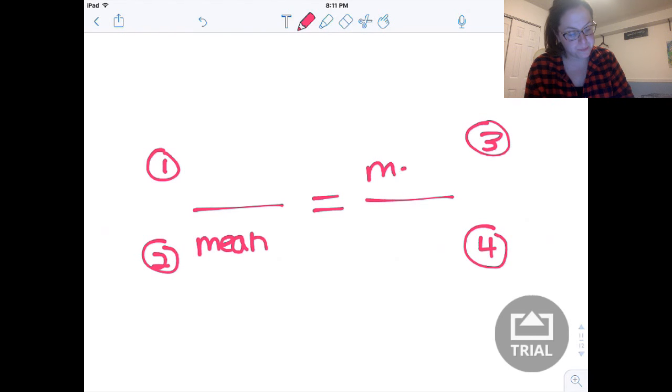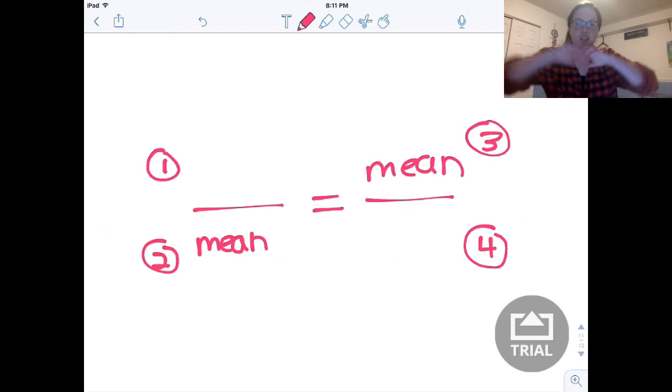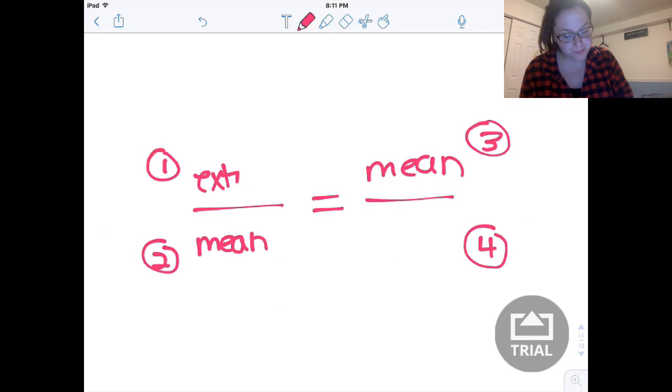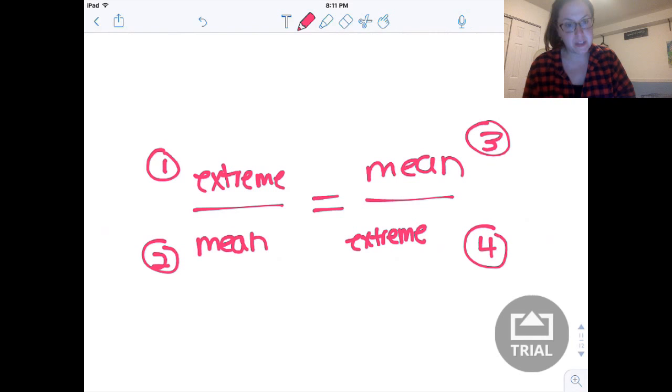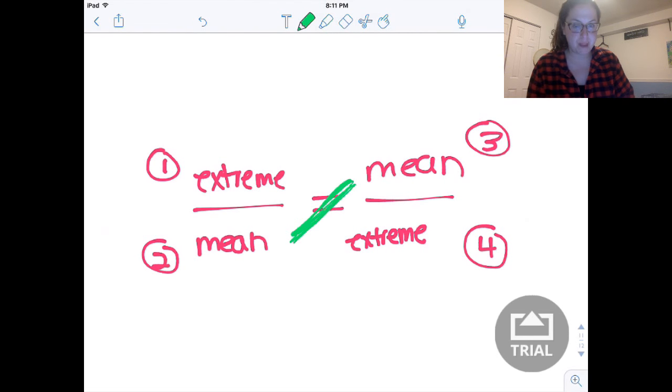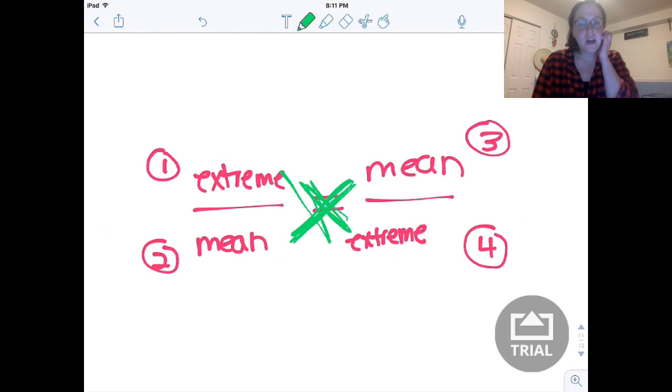And then the extremes are the first and last. So this is an extreme, and this is an extreme. It's kind of like how extreme temperatures are highs and lows. First and last are extremes. So product of the means equals product of the extremes has to do with the fact that when you cross multiply, you are multiplying the means together and the extremes together. It's a fancy way to say cross multiply, but that's the proof reason that you might put.